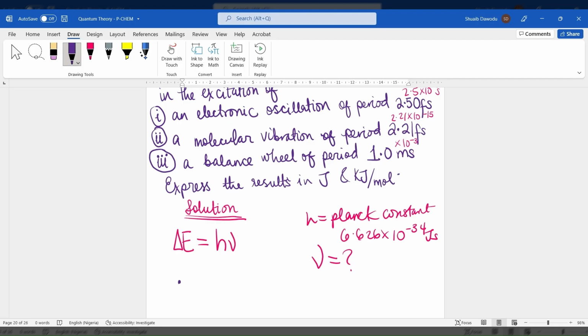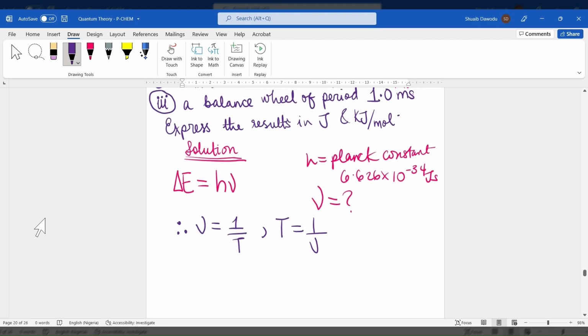So the formula that connects them is frequency equal to 1 over T, so they are inversely proportional, or the period is equal to 1 over v. Frequency is 1 over period, and period is 1 over frequency. With this knowledge, and since we've been given the period's value, we can determine frequency.